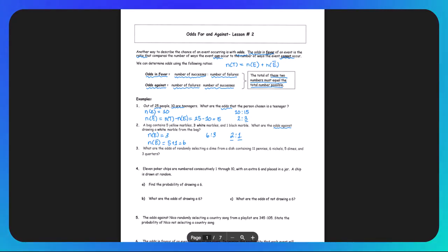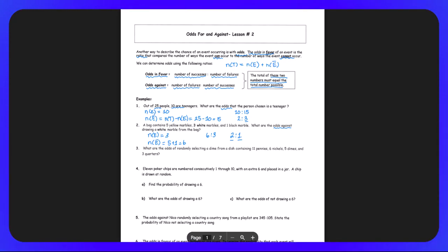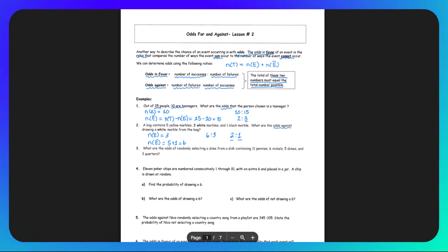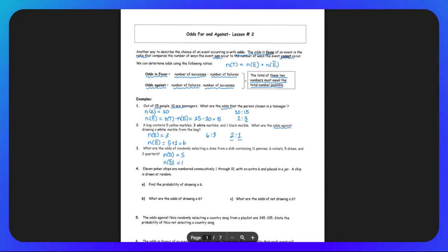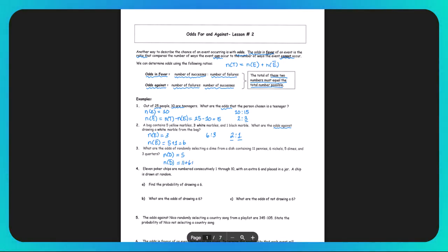Let's look at number 3. What are the odds of randomly selecting a dime from a dish that contains 11 pennies, 6 nickels, 5 dimes, and 3 quarters? The number of ways there are dimes, we can call it D, equals 5. The number of ways that it is not a dime is the pennies plus the nickels plus the quarters all added together, which equals 20.